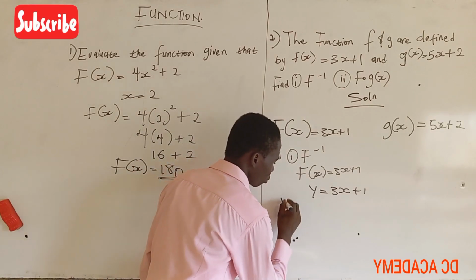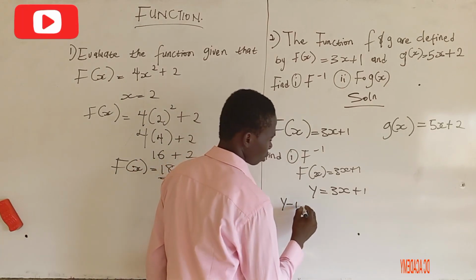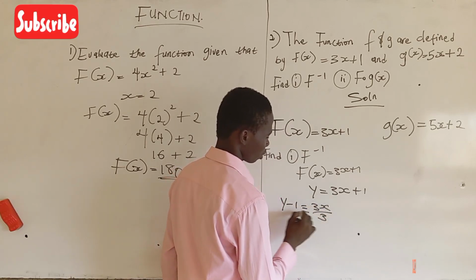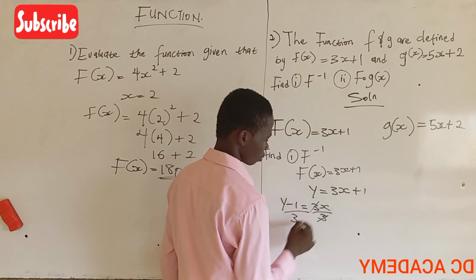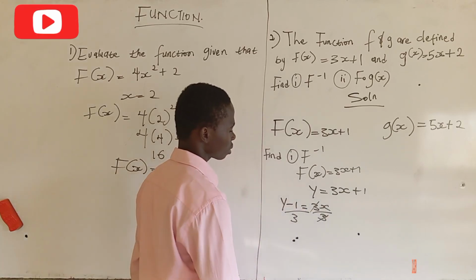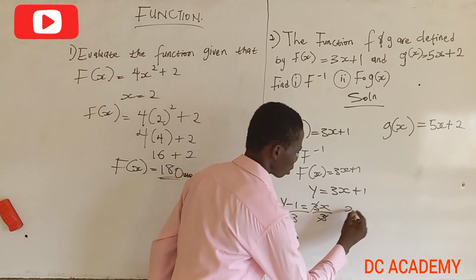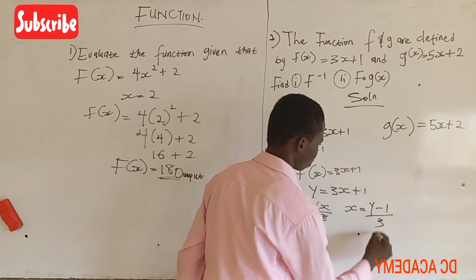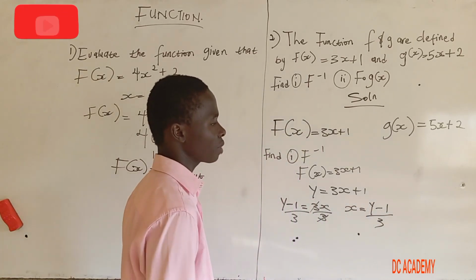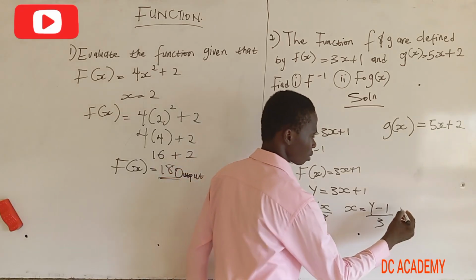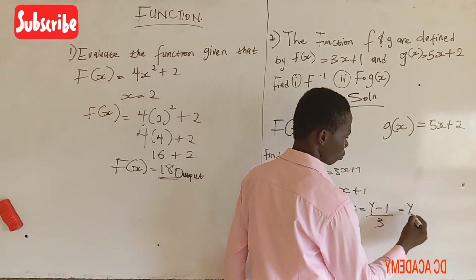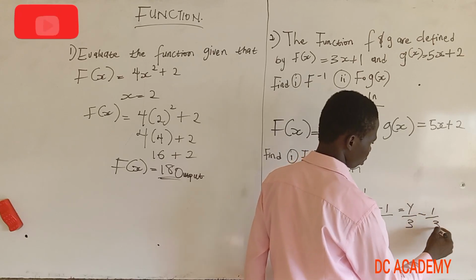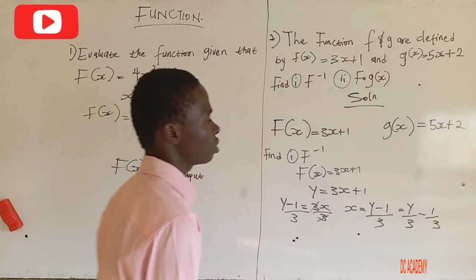You now have y minus 1 equal to 3x, and we divide both sides by 3. We now have x equal to y minus 1 over 3, which you can still write further as y over 3 minus 1 over 3. So this is our x.